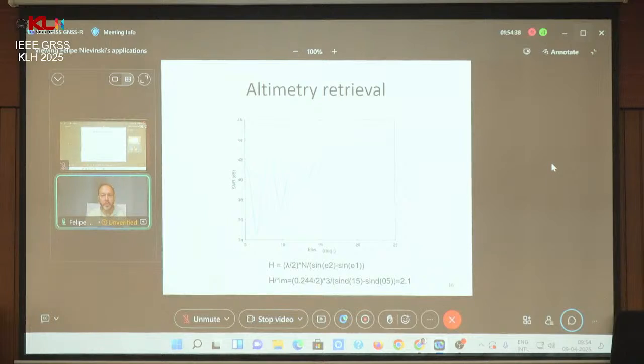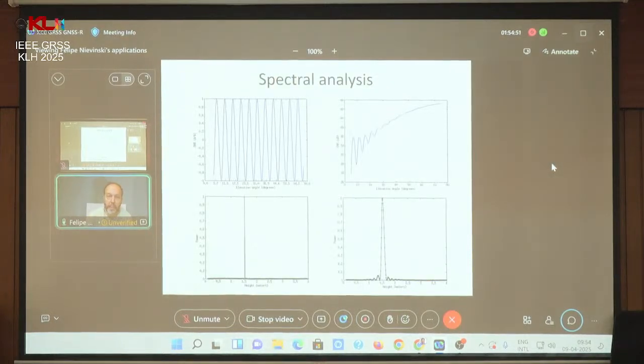Of course, we don't do this visually, except for pedagogical purposes. So we have to automatize this to make it faster. And normally we do a spectral analysis. We start with an SNR that has a trend. We detrend it just by empirically fitting a low-order polynomial. Then we get the oscillations.